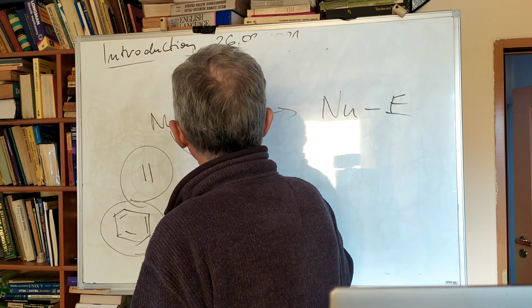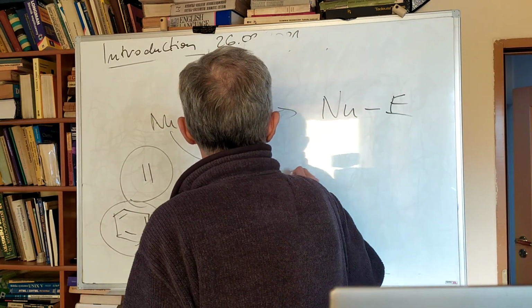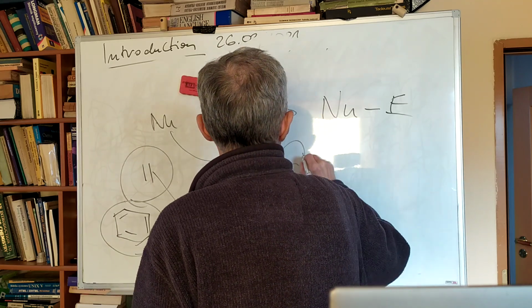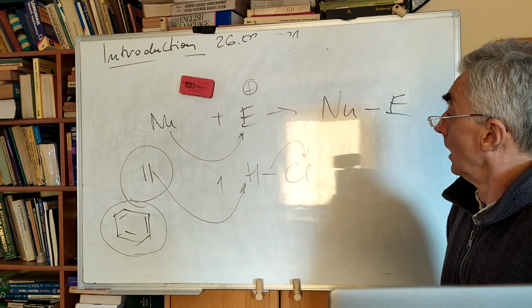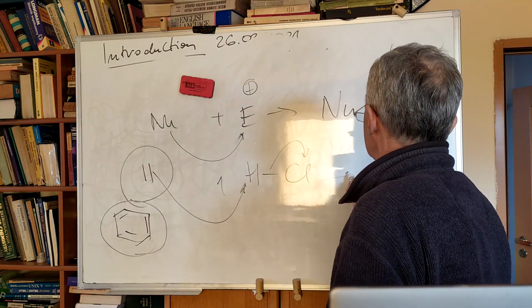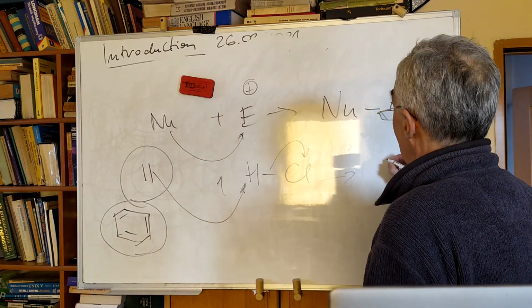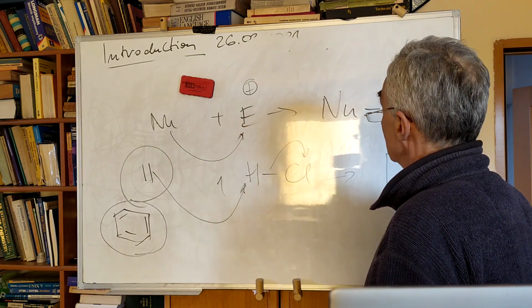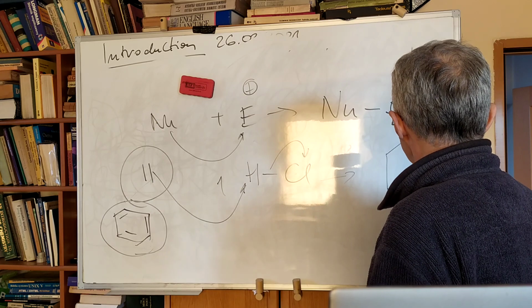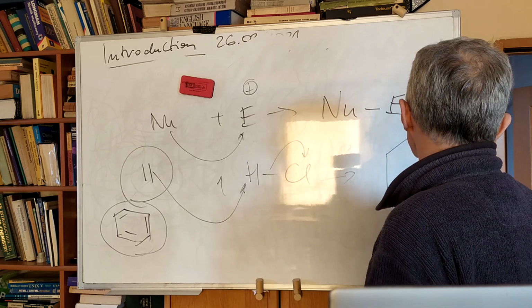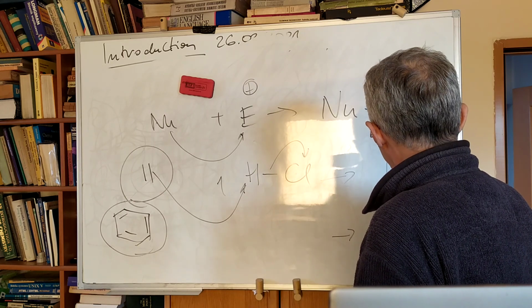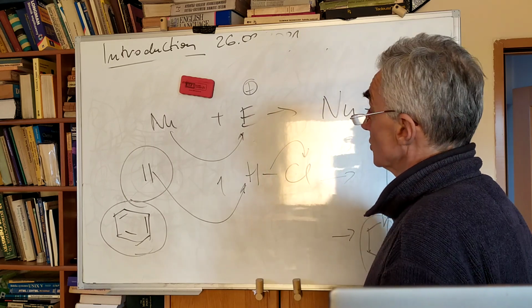So let's say if we have one of the simplest one, we could have such a substitution, and we'll have simply hydrogen and then plus Cl minus, and we have simply a product of addition.